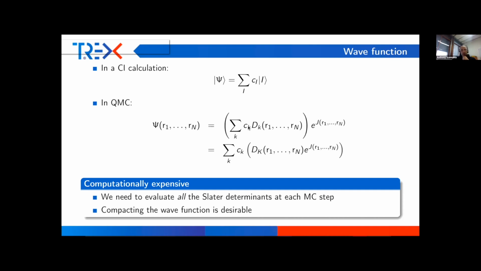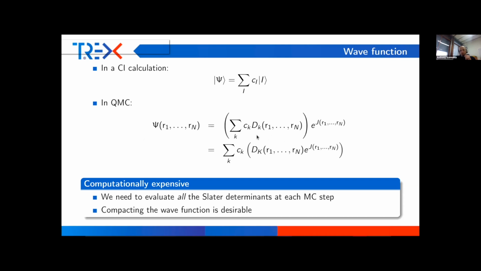And making a QMC calculation of a CI wave function is expensive, because every time you move the electrons, you need to evaluate the wave function, its gradient and its Laplacian at the electron positions. So you need to evaluate all the Slater determinants at every step.